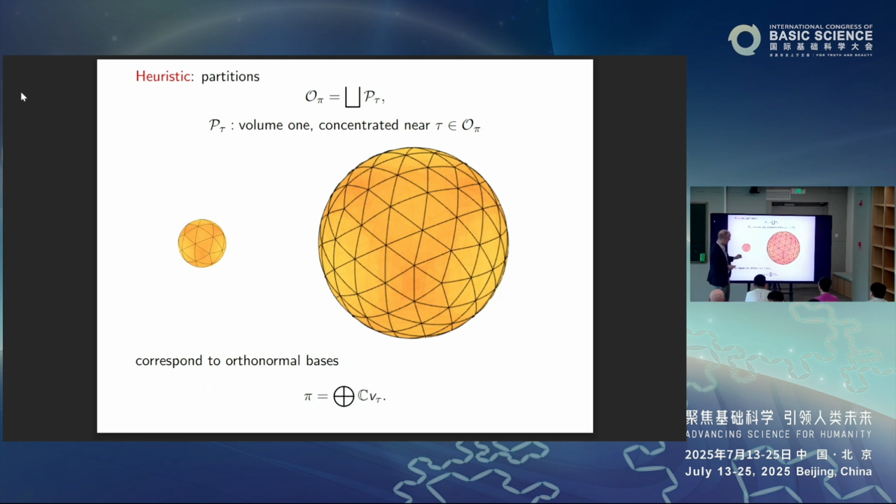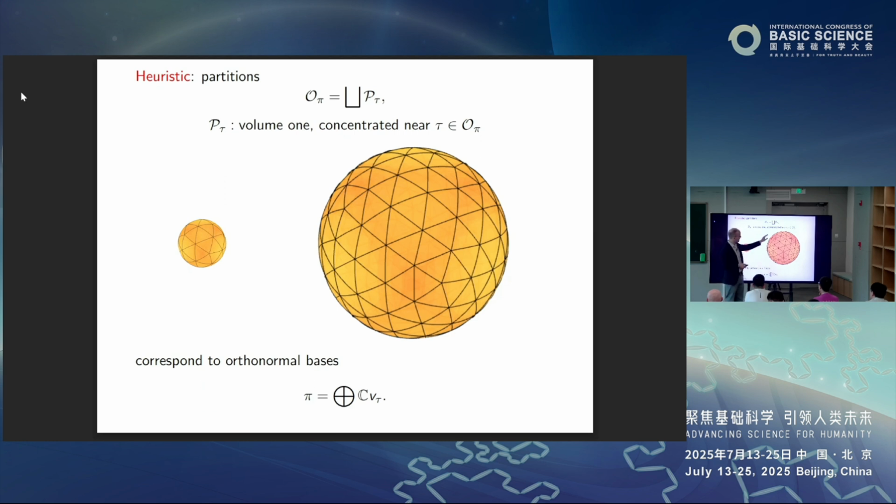And so heuristically, the idea is to categorify this identity relating the dimension of a representation to the volume of the coadjoint orbit by saying we can do a bit better than that. We can at least heuristically identify a partition of the orbit into parts of volume 1 with a basis for the representation.